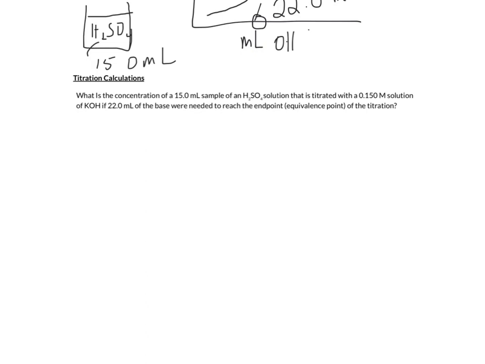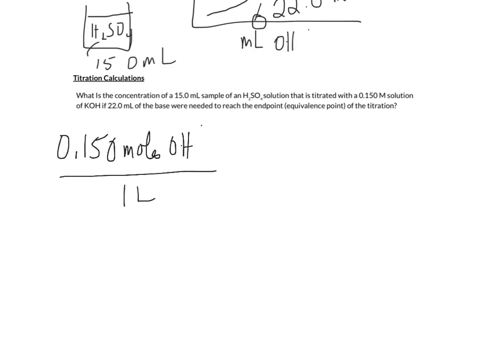And do some calculations. When we write our math out, we're going to start with the base. It's the thing that we know most about. And of course, because molarity means moles per liter, we're going to start out with 0.150 moles of base per 1 liter. And here's where we're going to use the amount added. If I multiply by 0.0220 liters, what I'm in effect doing is determining the moles of base added.